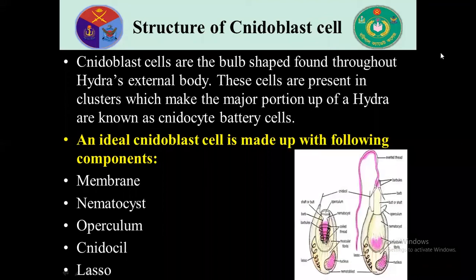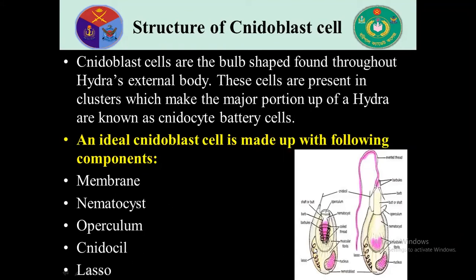Structure of nidoblast cell. Nidoblast cells are bulb shaped and found throughout the Hydra's external body. These cells are present in clusters which make up the major portion of a Hydra and are known as nidocyte battery cells. That means when a group of nidoblast cells is found in tentacles, that is called a battery of nidocytes. An ideal nidoblast cell is made up of the following components: membrane, nematocyst, operculum, nidocil, and lasso.